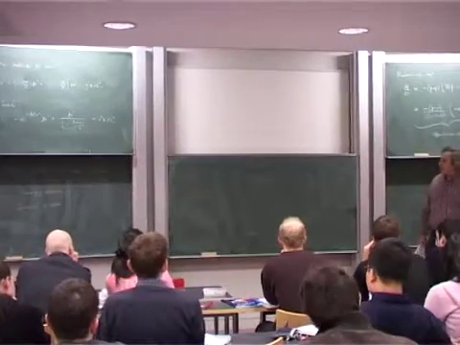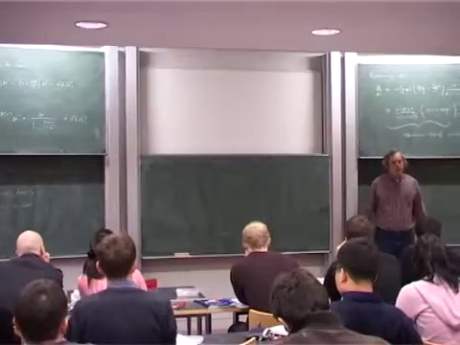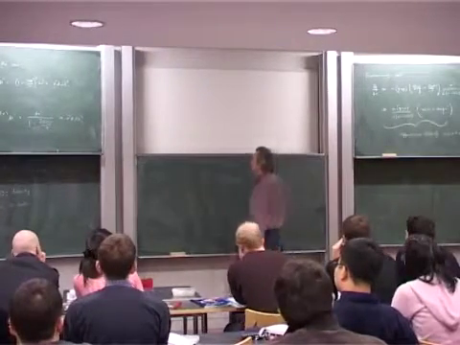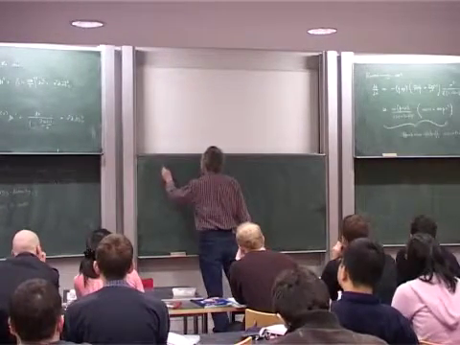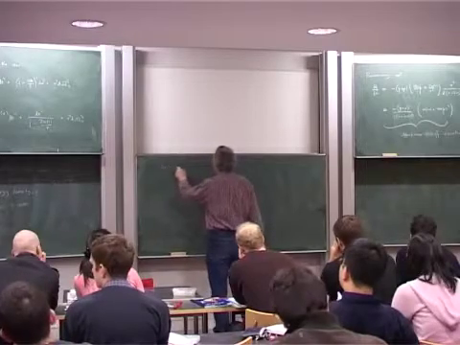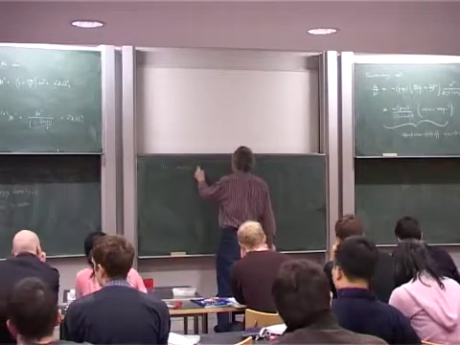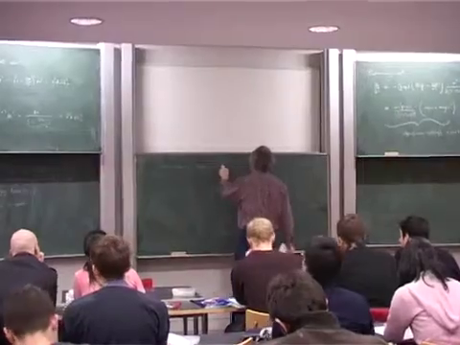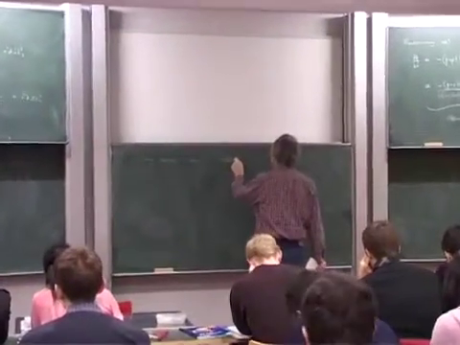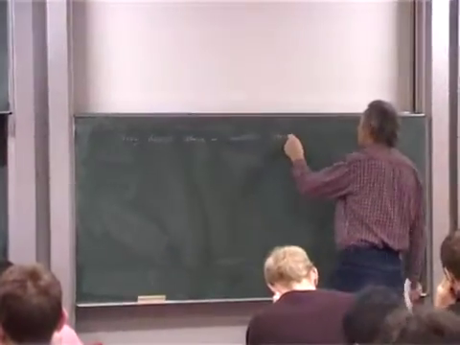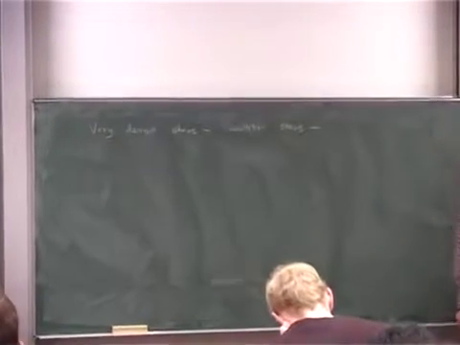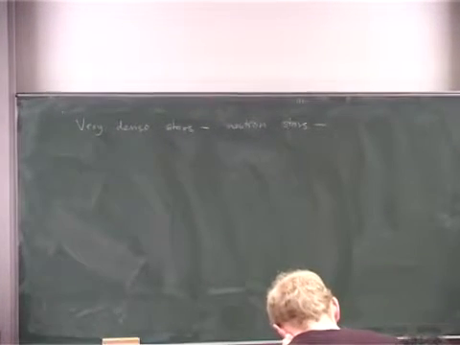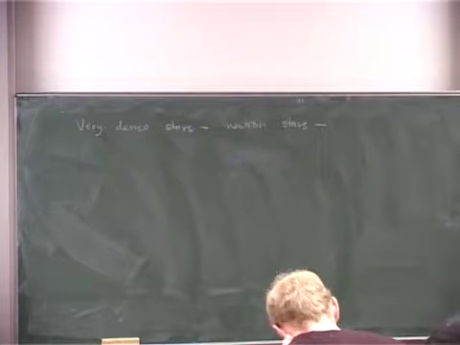So, we think we're going to be interested in very dense stars, like neutron stars. A typical neutron star is a few kilometers across and contains the mass of, roughly speaking, the Sun.